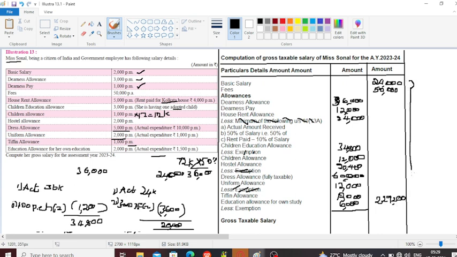If you add these two, we will get the total taxable salary. That is nothing but 3,03,200 will be the taxable salary. Thank you so much.